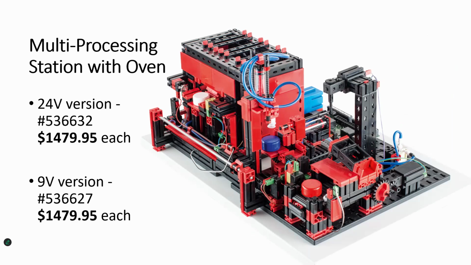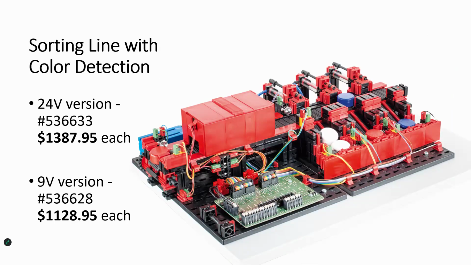The 9-volt version with the TXT controller is exactly the same price, $1,479.95. The sorting line with color detection, the 24-volt version, $1,387.95. The 9-volt version, $1,128.95. That's interesting.